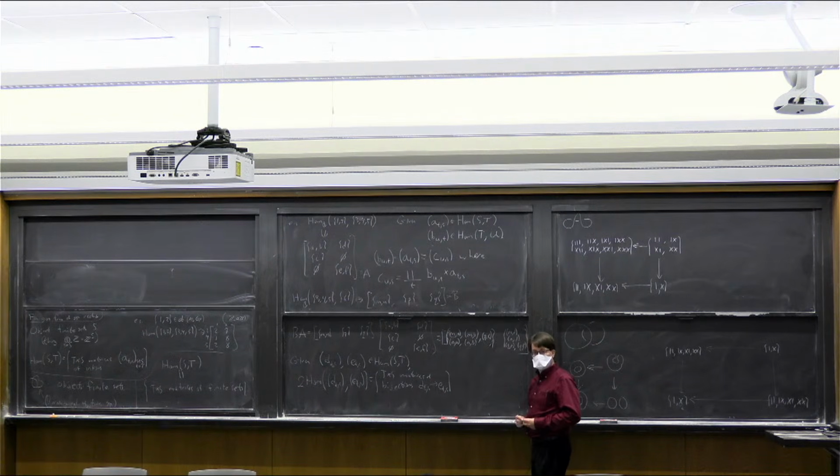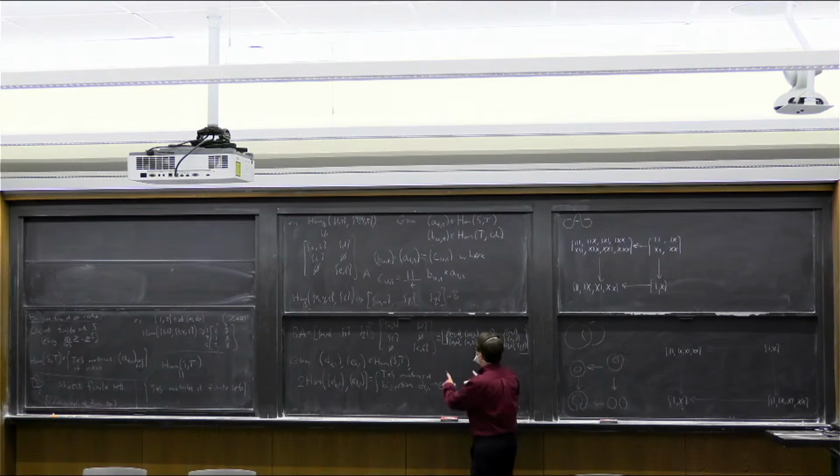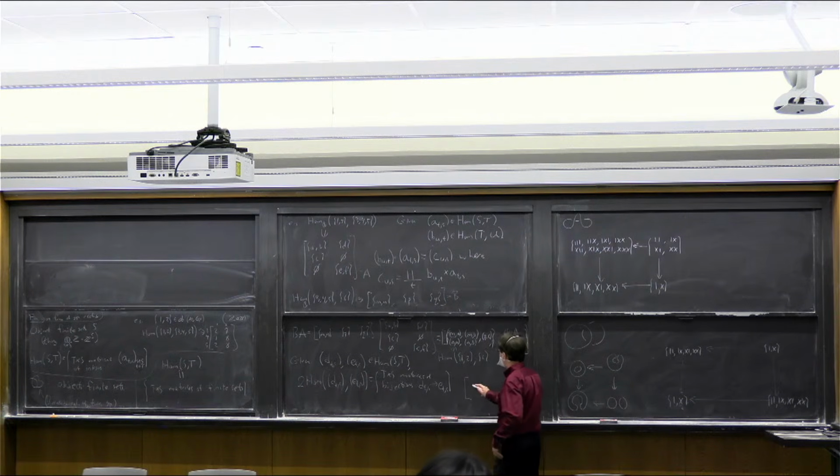For example, here's another. So this was in Hom of 1, 2 to 6. Here's another matrix in Hom of 1, 2 to 6: alpha, beta, gamma, delta, epsilon, theta, eta, iota, rho.